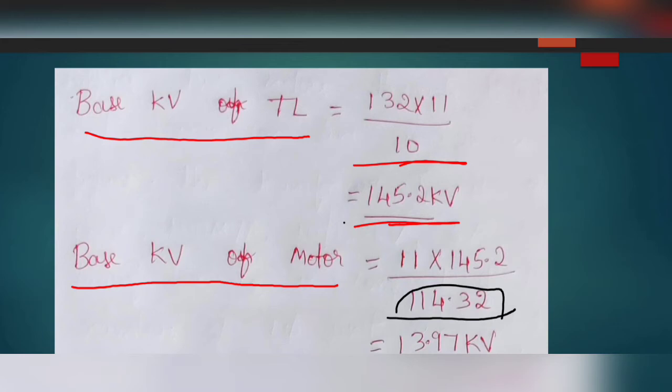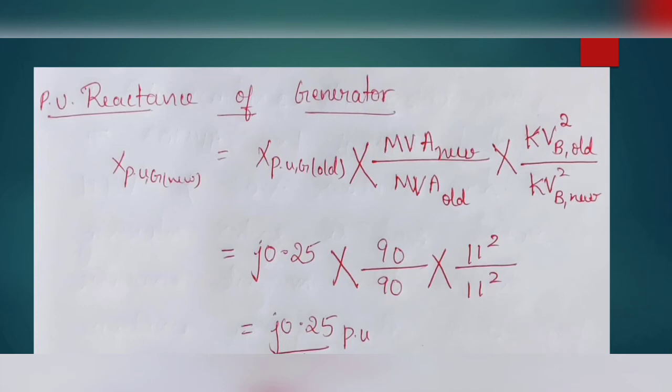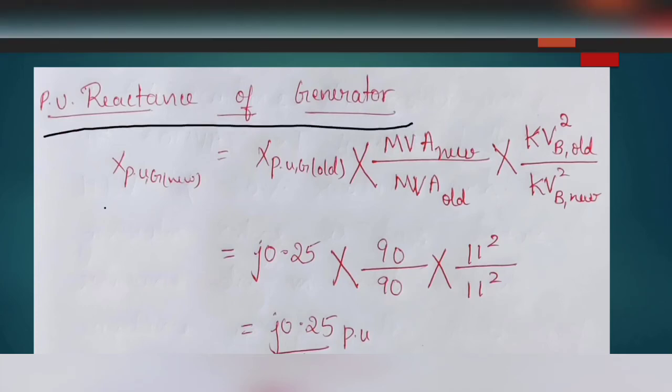Step 3 is finding the PU reactance of power system components. First we'll find the reactance of the generator. PU reactance of generator, XPUG new, is equal to XPUG old into MVA new divided by MVA old into KVB square old divided by KVB square new.